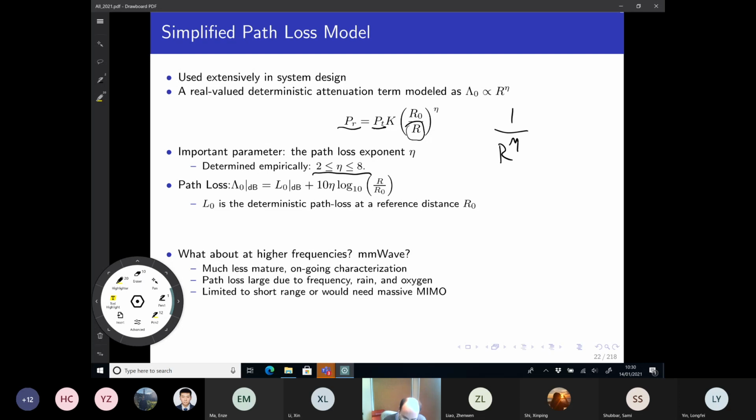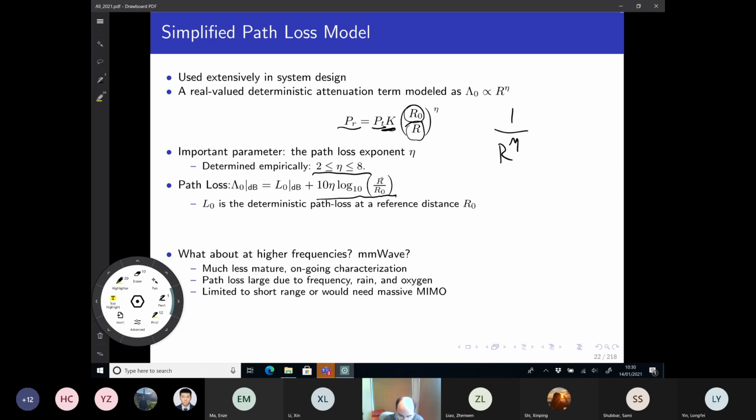And so for the path loss here, you have two quantities, K and r naught. r naught is a reference distance, for instance 1 kilometer, and K is a constant that is known for this reference distance. You will see this in the model when you play with it. That means you can write the system model, the path loss, in the log domain, where you take the inverse of this quantity.